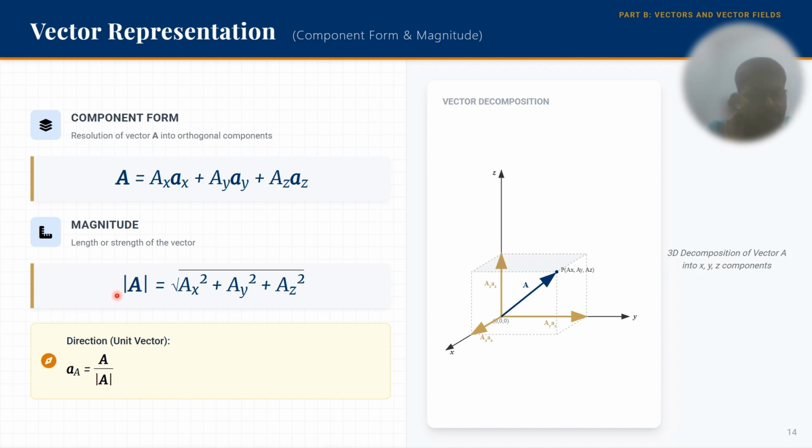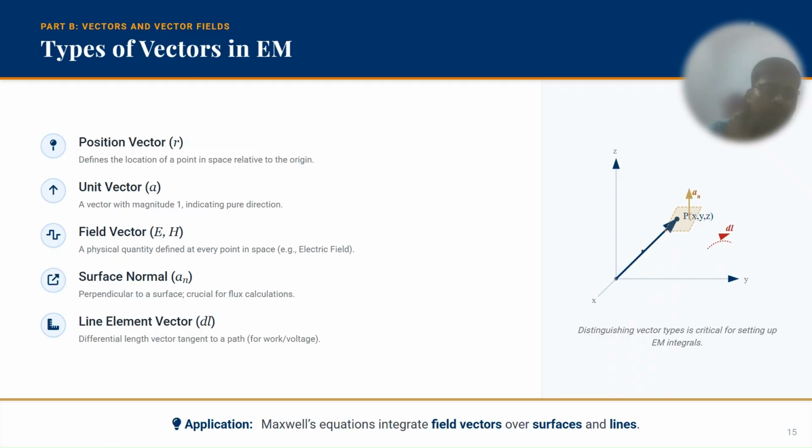The total magnitude, mod of A, is the square root of the summation of all these magnitudes squared, and the direction vector is the actual vector divided by its magnitude. These are fundamental things. I hope class 12 students or first year undergraduates already know these.